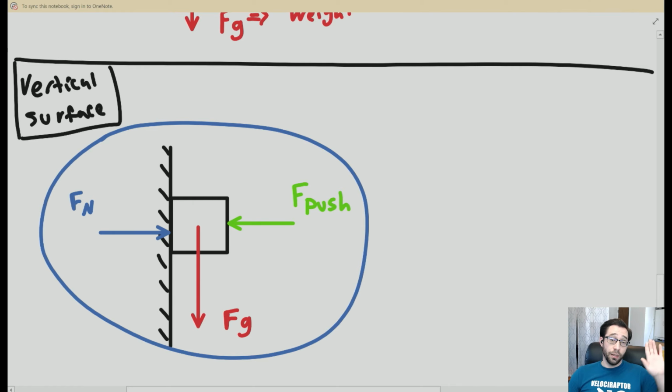But if you think about it, if I'm pushing it against the wall, is it moving vertically? Is there any movement of the box in the vertical axis? No. So if I have my phone case, I push it against my hand, is it moving up or down? If I push it like this? No. So the force pushes, and then my hand is pushing back to counteract my pushing force.